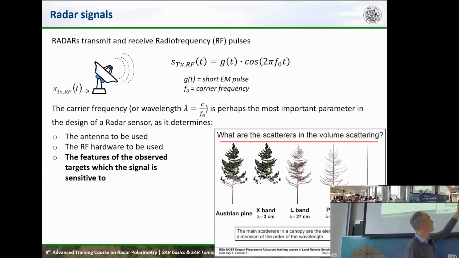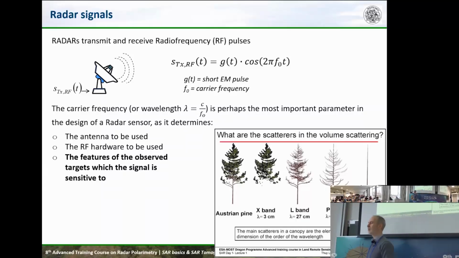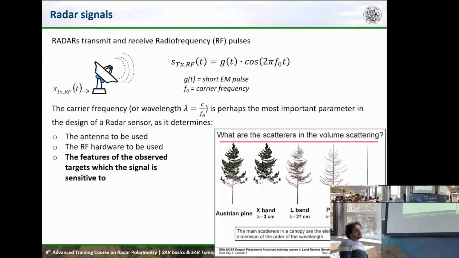At L-band, 27 centimeters approximately, you are sensitive to branches and to the rest of the tree. At P-band, you are sensitive to larger branches. And if you go even lower with the frequency, so a wavelength of 3 meters, then you just don't see the tree, you only see like a vertical stick. So the wavelength is super important.